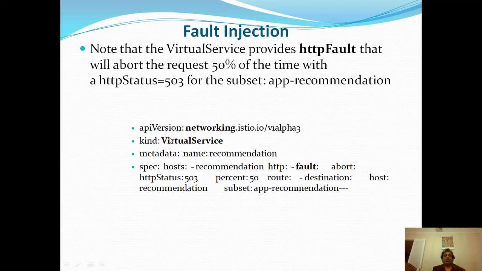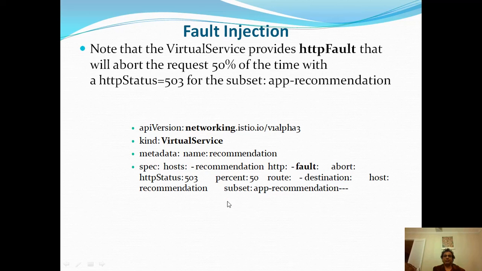So the next one is fault injection. For example, note that the virtual service provides an HTTP fault that will abort the request 50% of the time. So 50% of the time we want to send the 503 error. Can you do that? Yes, without changing the real service, you can say in the same virtual service, under the HTTP fault, HTTP status equal to 503, percentage 50.